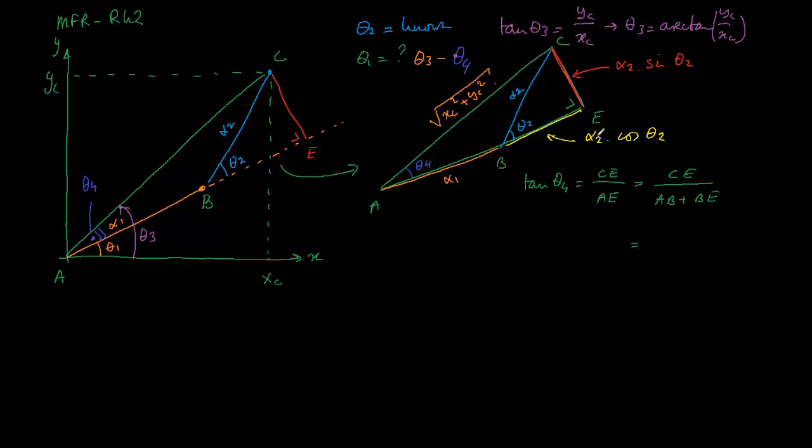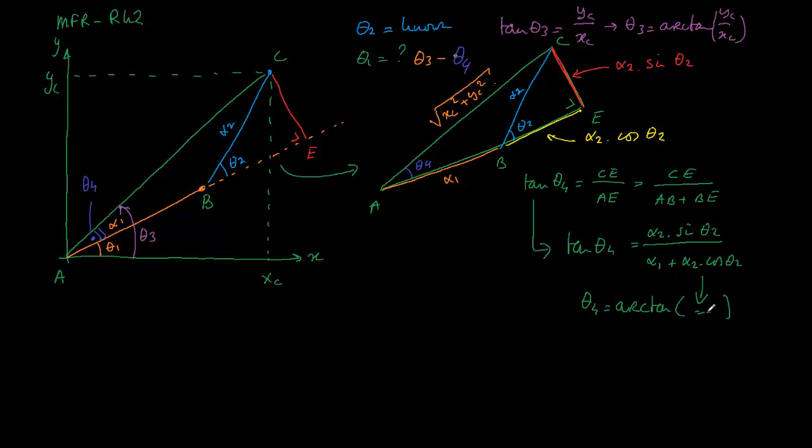We know that CE is alpha 2 sine theta 2, and AB is nothing else than the length of the first robot arm, and we just calculated BE, which is alpha 2 times cosine theta 2. So this is the tangent of theta 4. If we want to know theta 4, it would be arc tangent, and we put this whole expression inside.